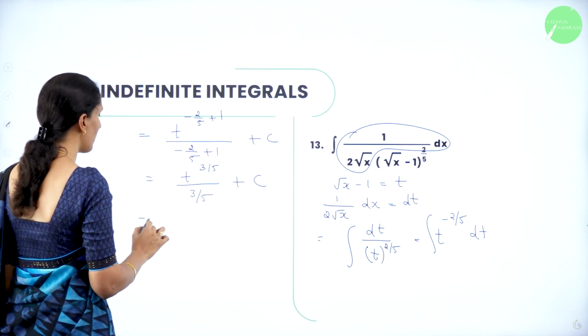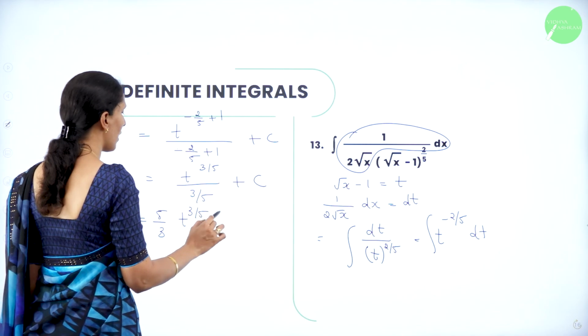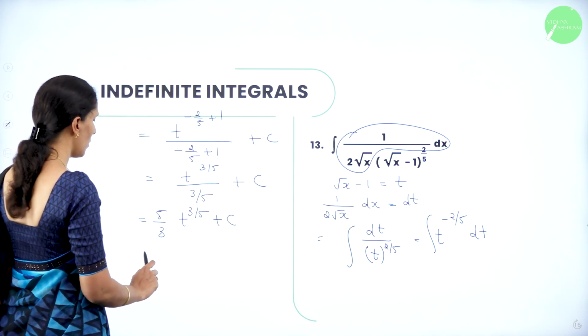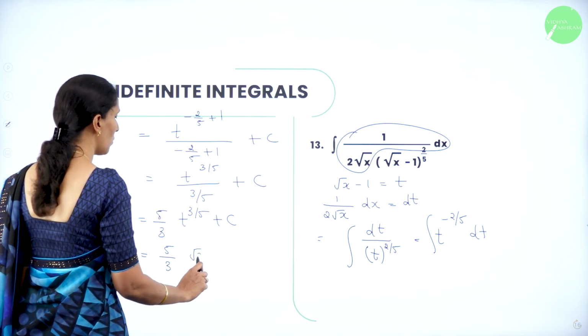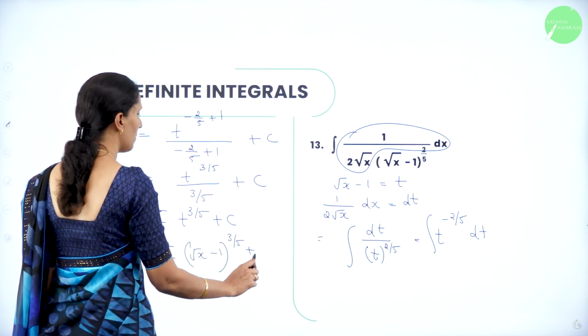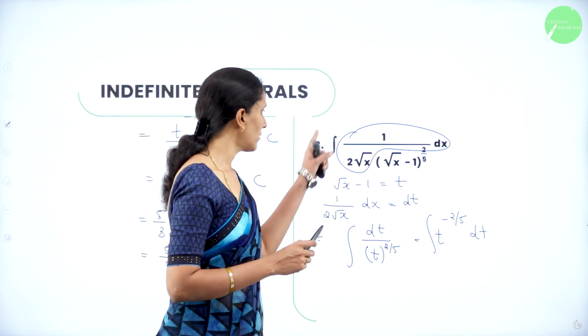That can be written as 5 by 3 t to the power 3 by 5 plus c. What is t we have taken? Root x minus 1. So the value is 5 by 3 into root x minus 1 to the power 3 by 5 plus c. This is the integral value of the given function.